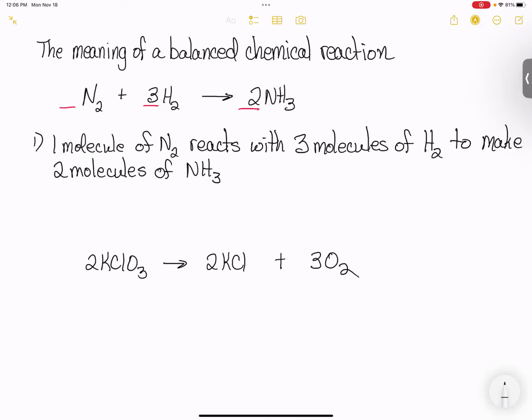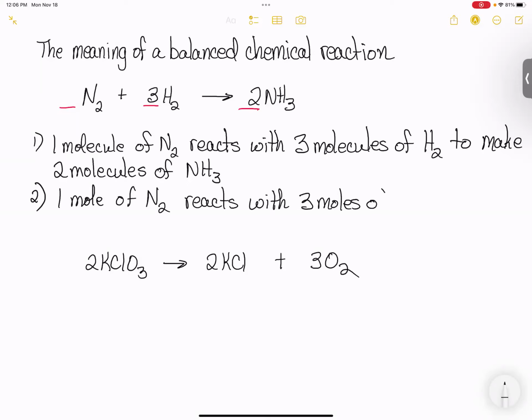So instead of this definition, the definition that we will tend to use is that 1 mole of N2 reacts with 3 moles of H2 to make 2 moles of NH3.